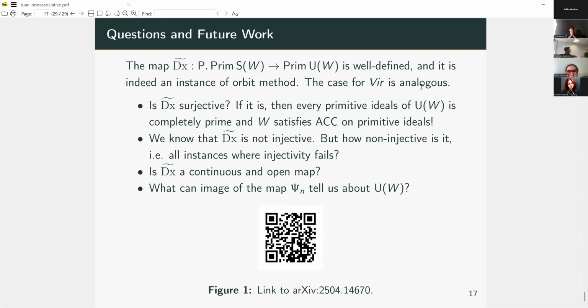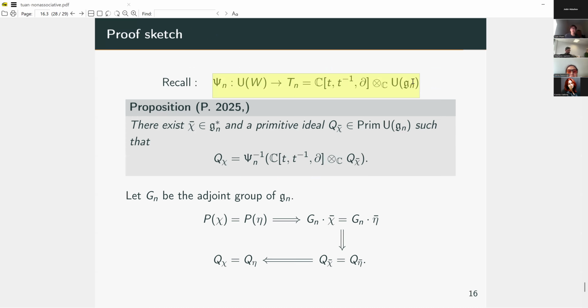My supervisor Susan Sierra and Chelsea Walton proved that the universal enveloping algebra of the Witt algebra is not a Noetherian ring. One of the ways you can see that is that the image of this map psi 1 is not a Noetherian ring. So that will give you that the Witt algebra is not Noetherian.